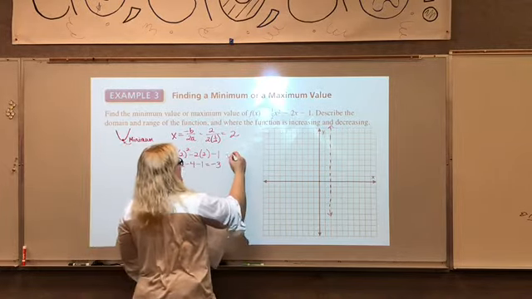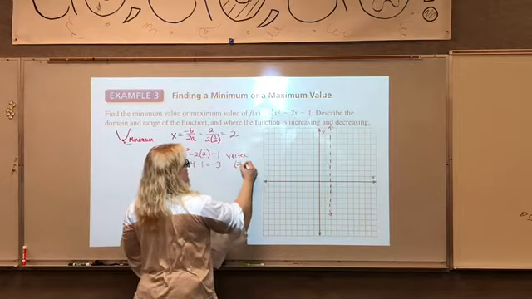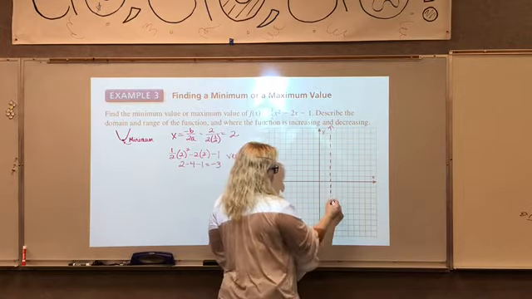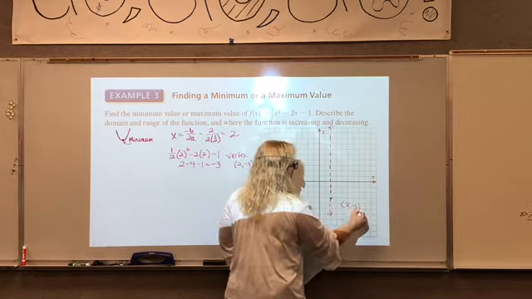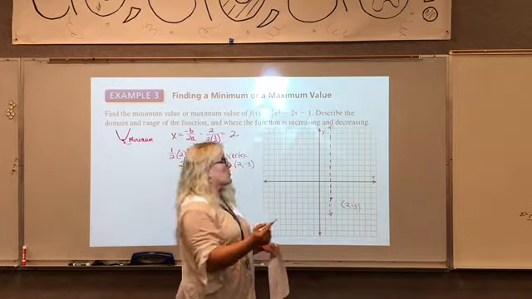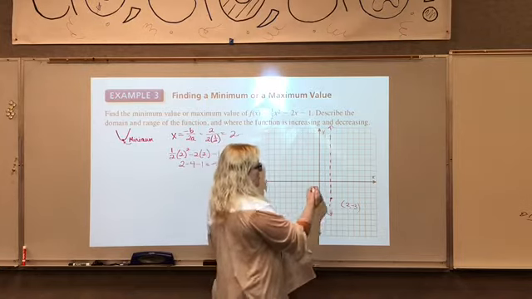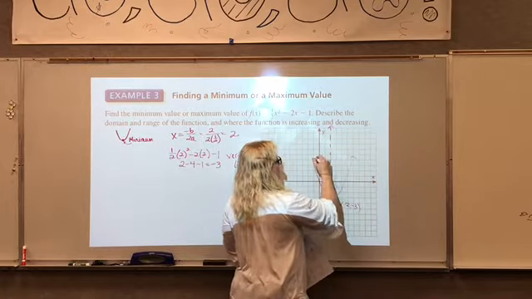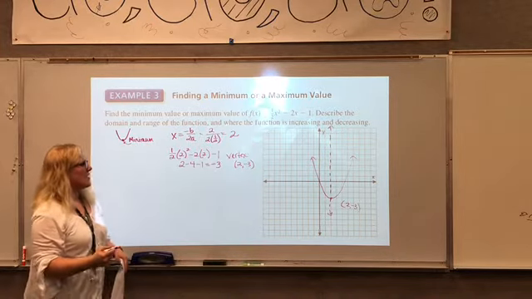So my vertex is (2, negative 3). All right. And I know it opens upward, and it doesn't tell me to graph it, so I'm just going to do a really rough graph right here. It's probably not quite correct, but that's what I'm going to have it look like.